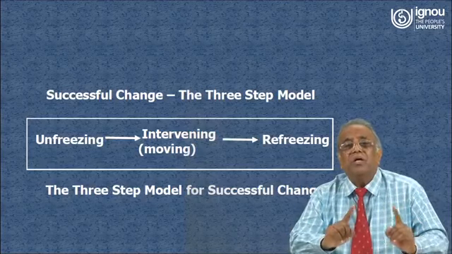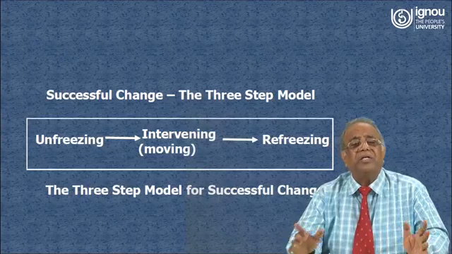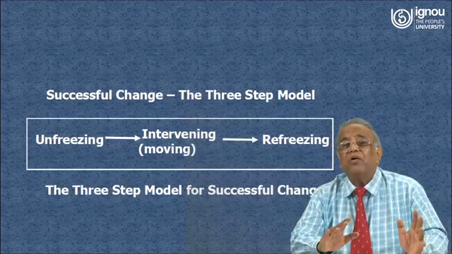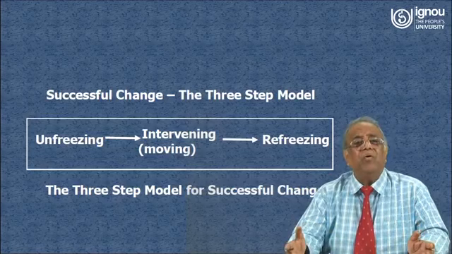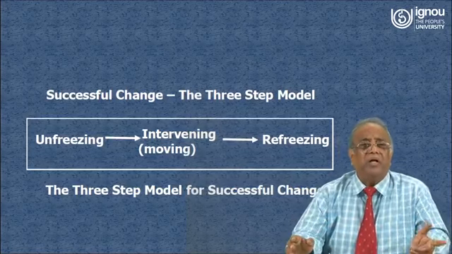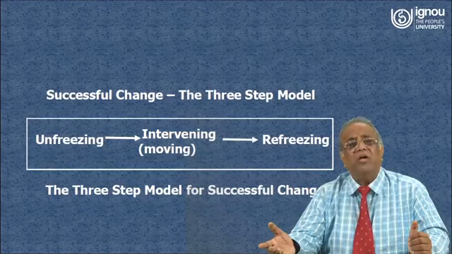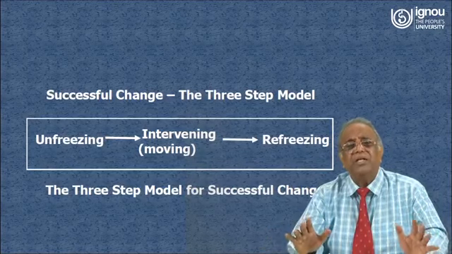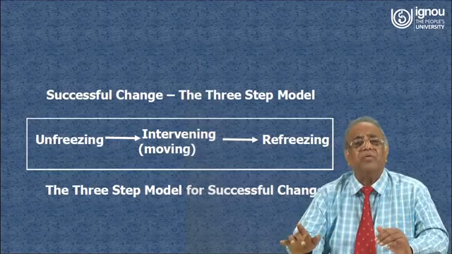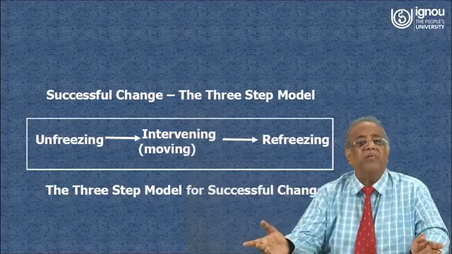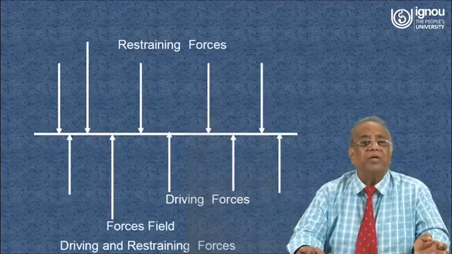So in that case, the organization and employees realize that a change has to be there for that particular product or service. Then intervening, that is the process from unfreezing to refreezing. Then refreezing means the change has already occurred. So the change has been established for that particular product and now it is fit for selling in the market.